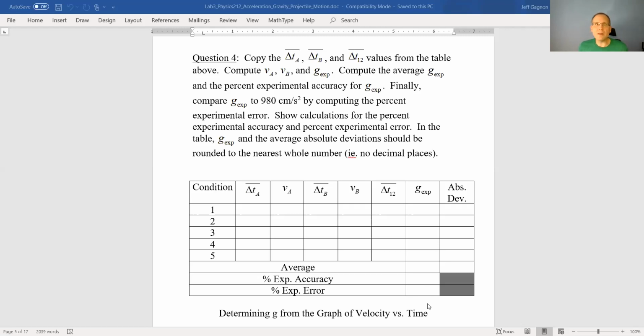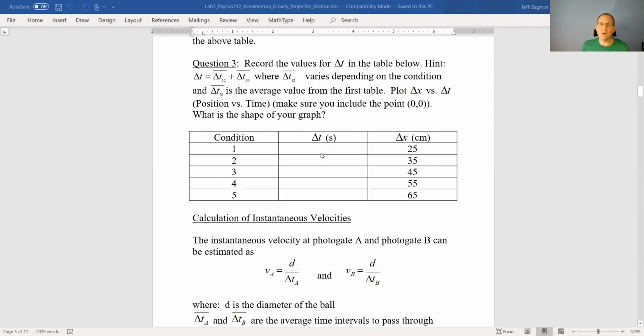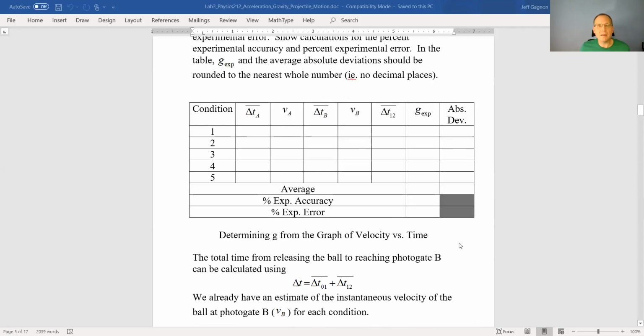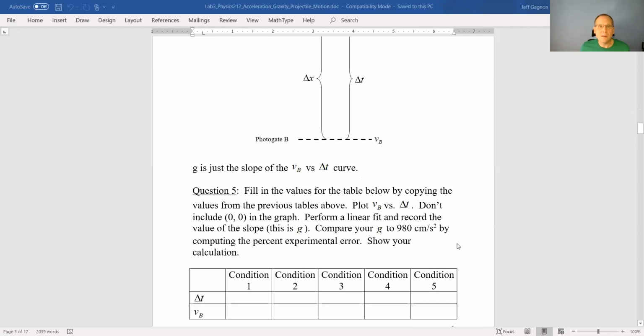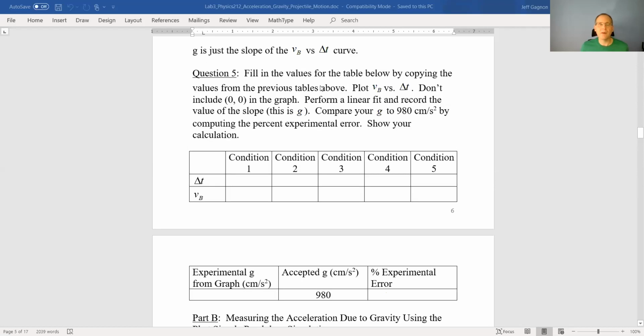All right, now it turns out there's another way that we could compute g. We could plot the final velocity, VB, at the second photogate versus the total time. Remember, the total time was from this column right here, delta T, the time it took to go from the ball dropper to the second photogate. So if you look at this last table here, this is question 5, you already have these total times.